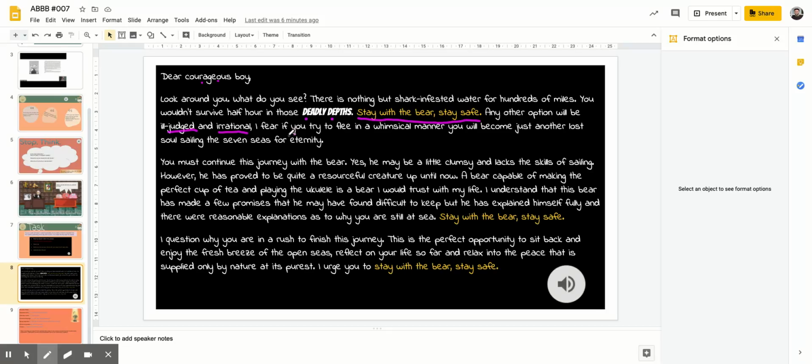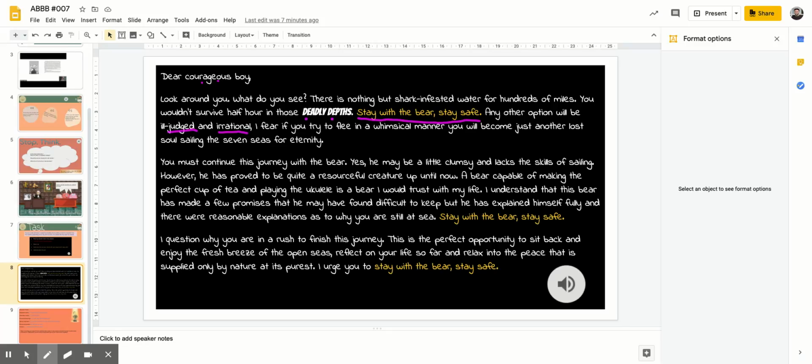I fear if you try to flee in a whimsical manner, you'll become just another lost soul sailing the seven seas for eternity. So first of all, I've told him that there's a lot of fear if he tries to flee. That makes it sound like fleeing will be a dangerous thing to do. I've then told him that if he does, he's going to become a lost soul sailing the seven seas for eternity.